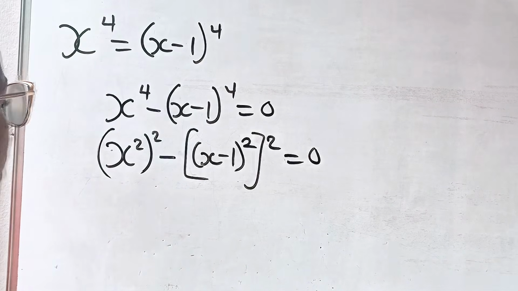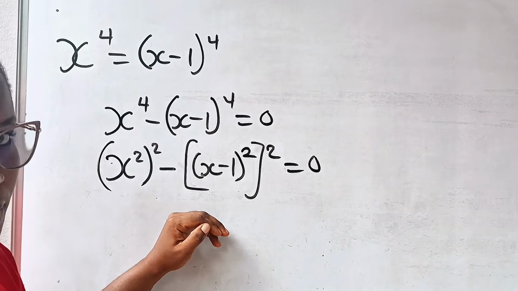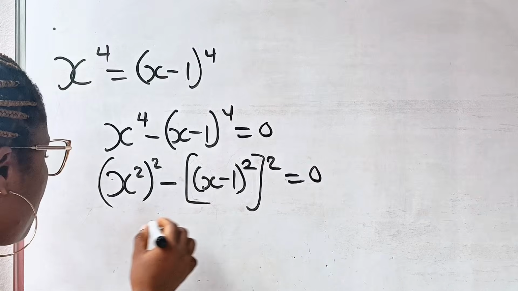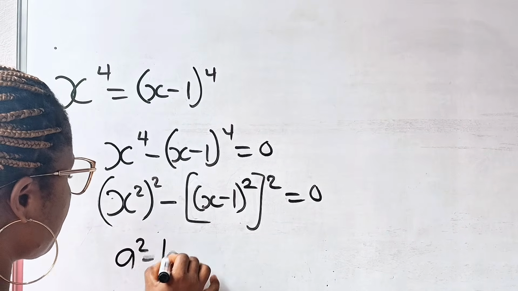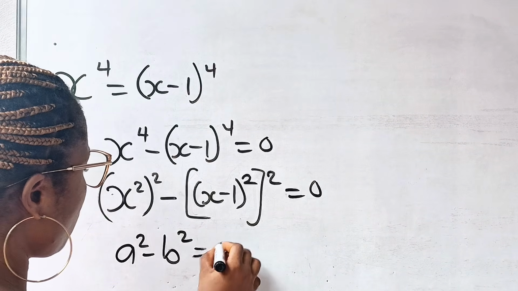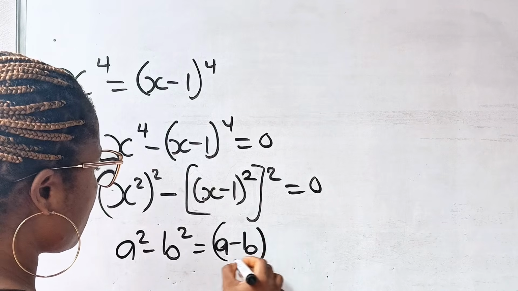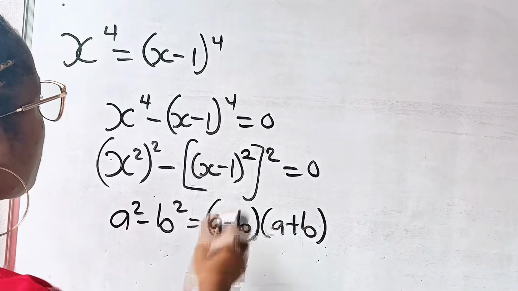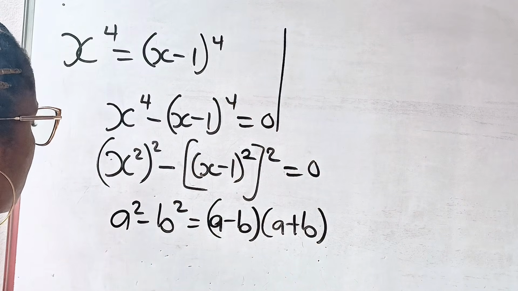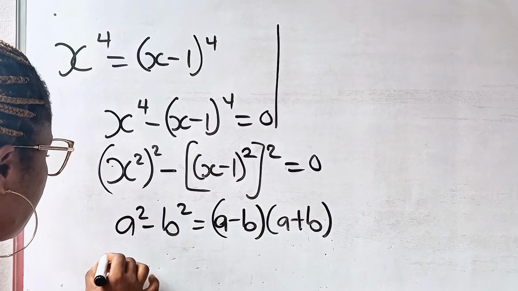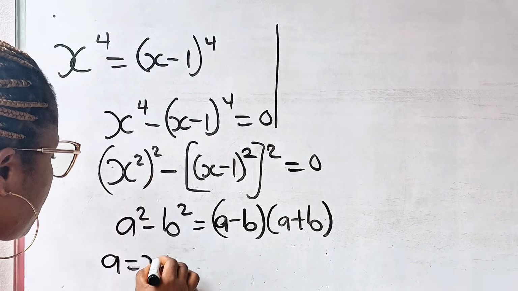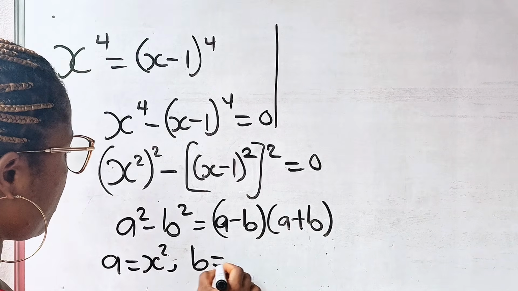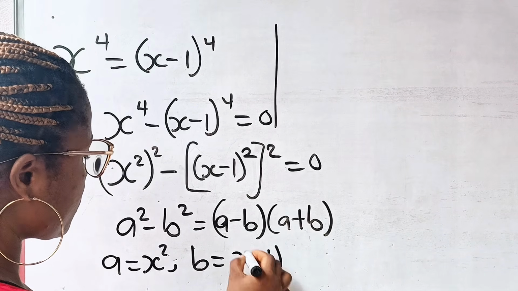Alright? Now we have a difference of two squares here. Remember that a squared minus b squared is equal to (a minus b) multiplied by (a plus b). In this case, our a is x squared and our b is (x minus 1) squared.